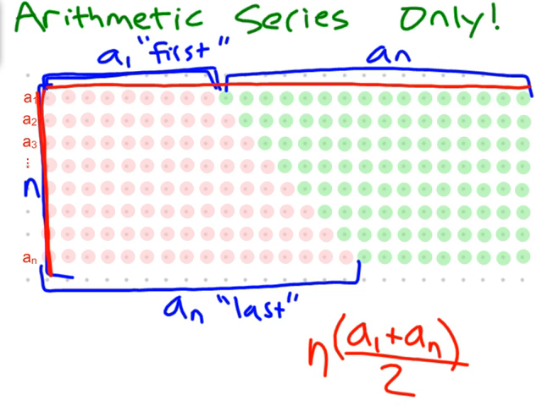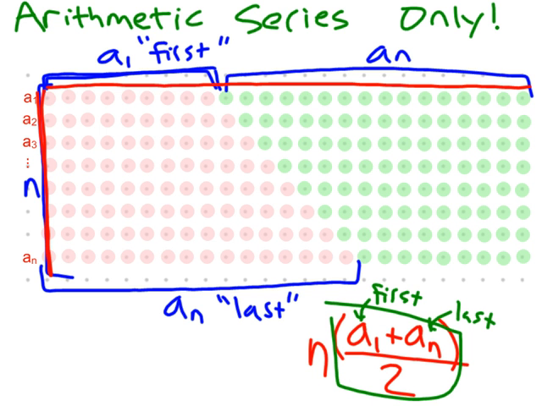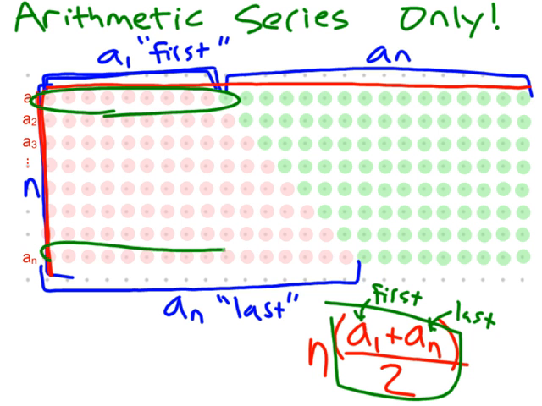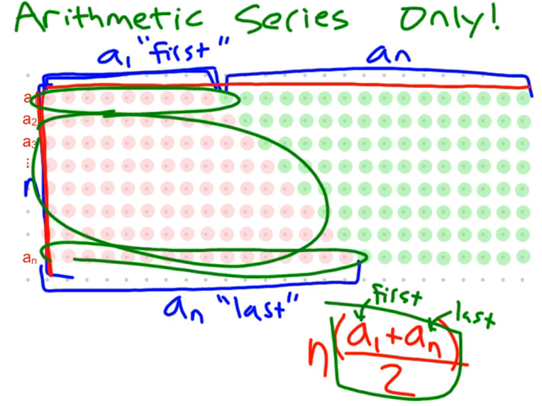I mean, that's exactly what it is. Remember, first term, last term, and when you add two numbers and divide by 2, this is just the average of that first term and last term. And for arithmetic series only, it is also the average of all the terms. And I ask that you look at the diagram and convince yourself that not only is that the average of the first term and the last term, but it is the average of all those terms.